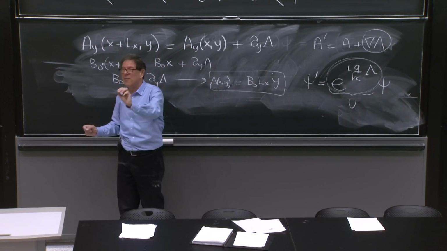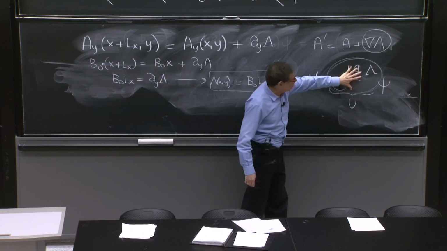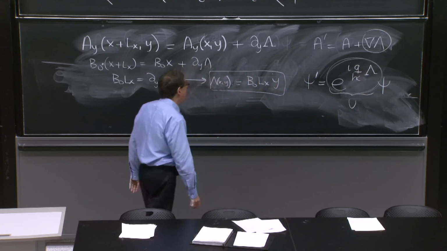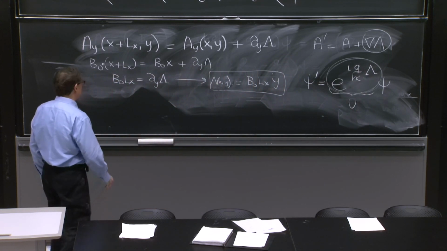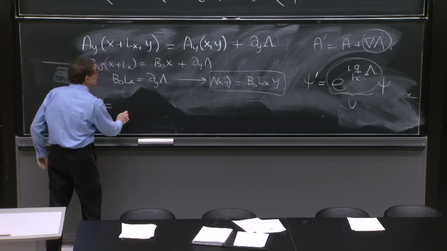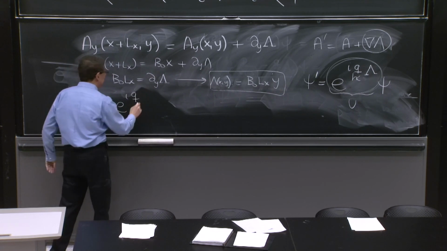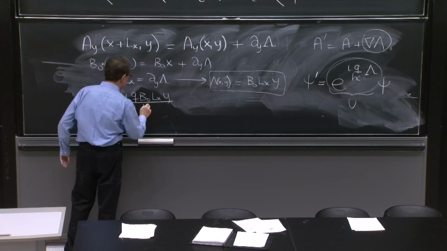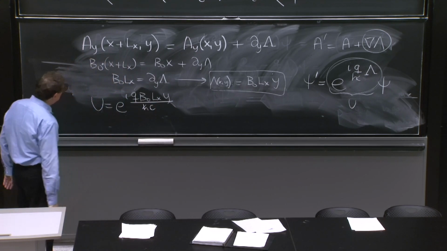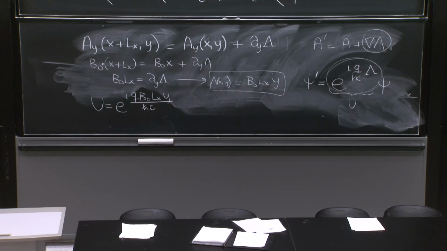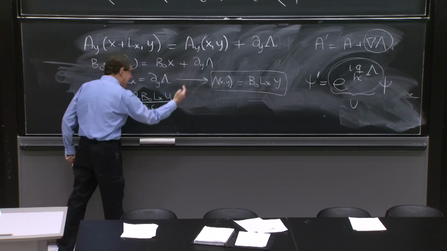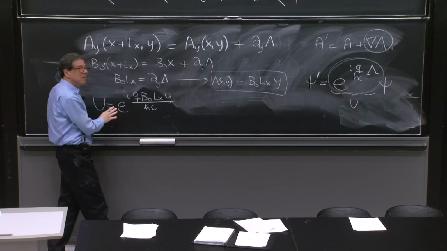What has to be well defined on the torus is U, the exponential of lambda. And that's a saver, because U now is e to the i q lambda over h-bar c, with lambda being B naught L_x y. That's U. And U will be well defined on the torus if, when you change y to y plus L_y, this doesn't change.